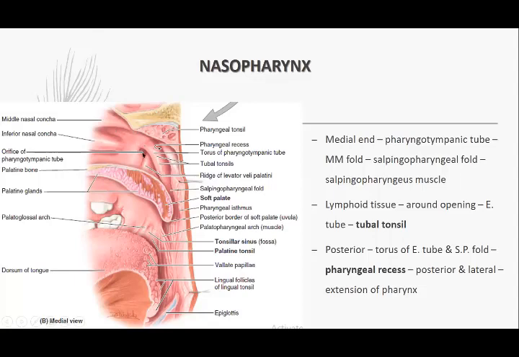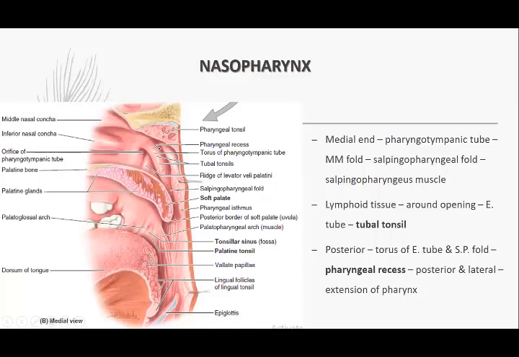अब ये जो pharyngo-tympanic tube की opening है, medial to this opening, this is a fold of mucous membrane. This fold of mucous membrane is called salpingopharyngeal fold. This is called a salpingopharyngeal fold because you have an underlying muscle.